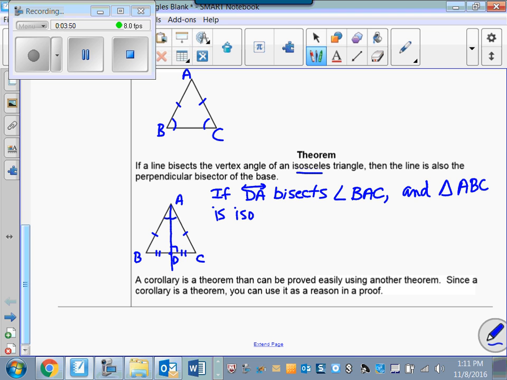We have to know that to apply this theorem. And what does this theorem tell us? It tells us that angle ADC and angle ADB are right angles.